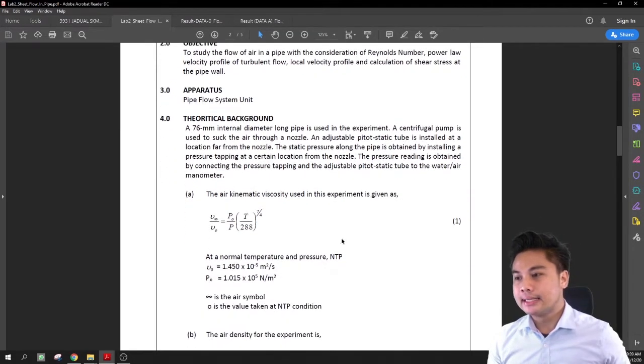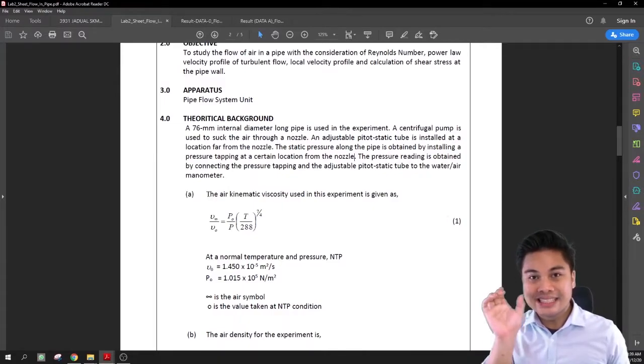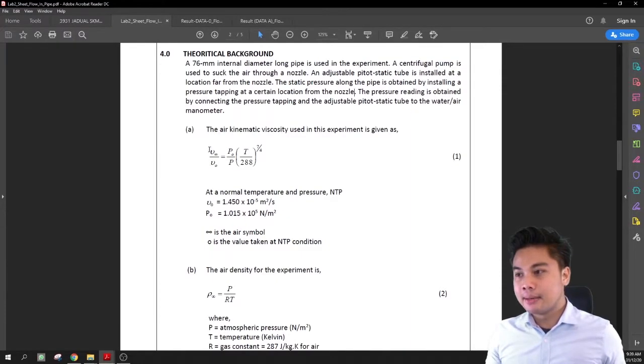Next, here is the formula, which is very important for you to do the experiment, to calculate, and to place the values inside the table. The air kinematic viscosity used in this experiment is given by this, mu.